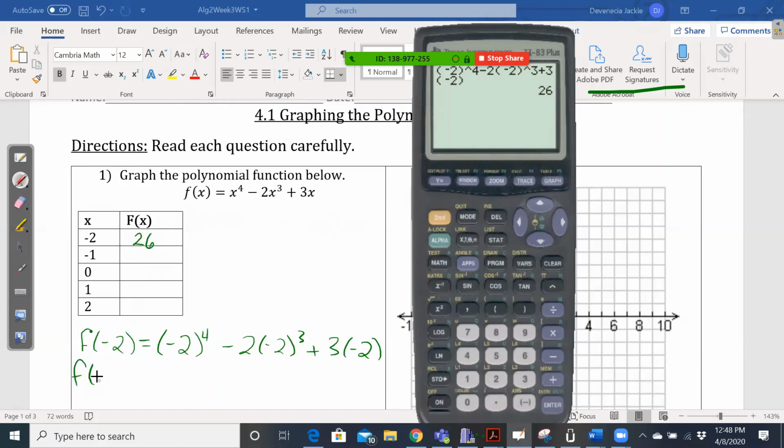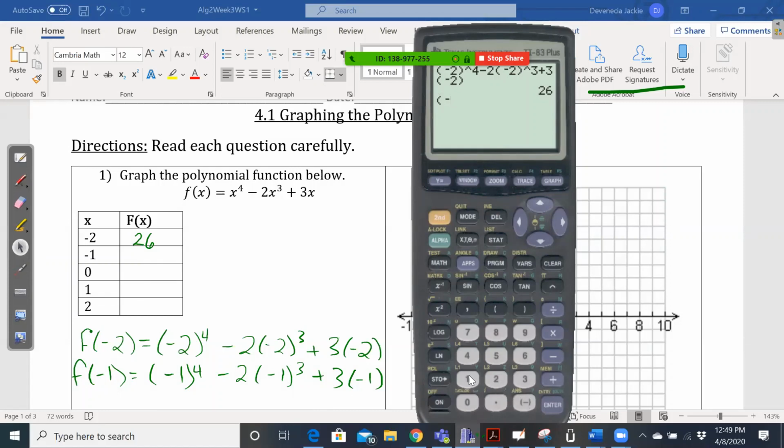So now I have f of -1. It's the same idea: -1 to the 4th power minus 2 times -1 cubed plus 3 times -1. So this is what I'm going to put into my calculator now.